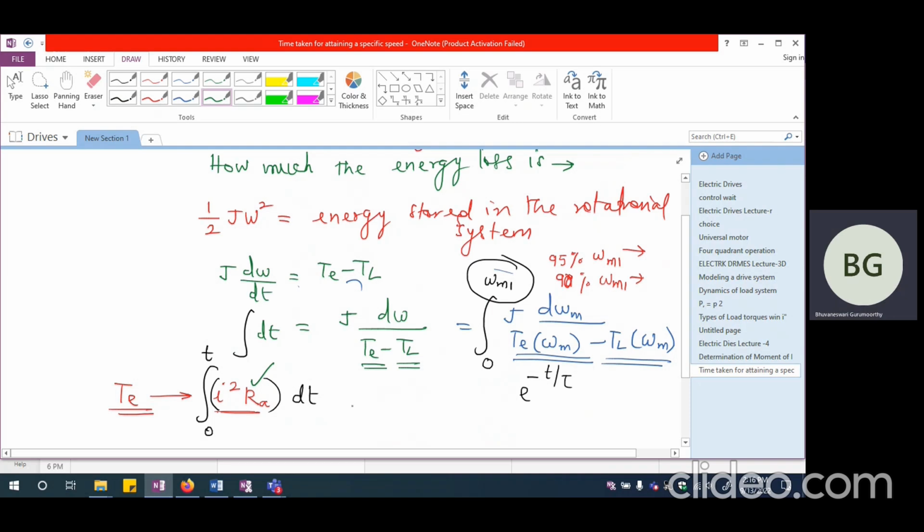Now, this entire thing is going to give me the total energy loss incurred by my drive system when it is accelerating from zero speed until omega n. So I am definitely going to have the calculation of energy loss done, provided I have the current available with me, and I also have the resistance of the winding which is carrying the current.